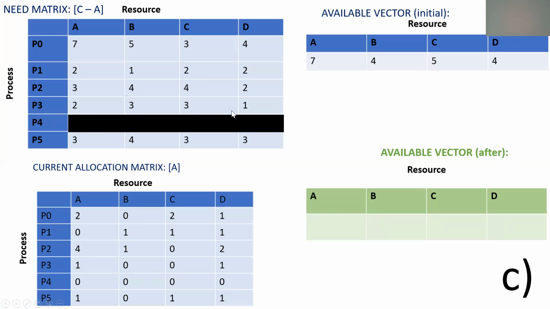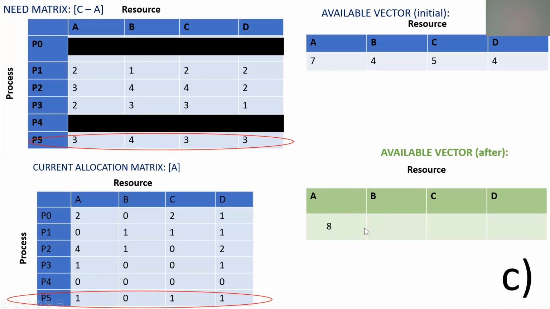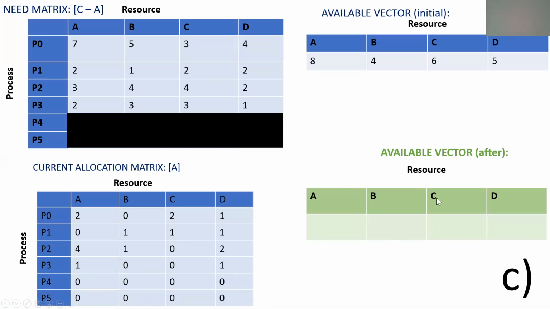And now that P4 has run, we look at what can run next. P0 still needs more of B than is available, so it cannot run. Any of the others now can, and I'll pick P5. After P5 runs, one more of A becomes available, B stays the same, and C and D's availability each increases by 1, which becomes 8, 4, 6, and 5.